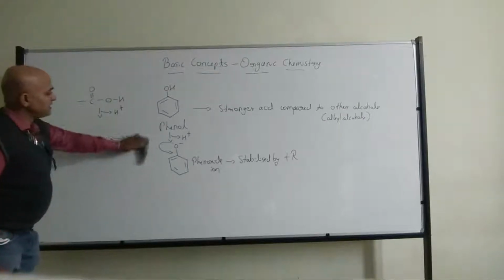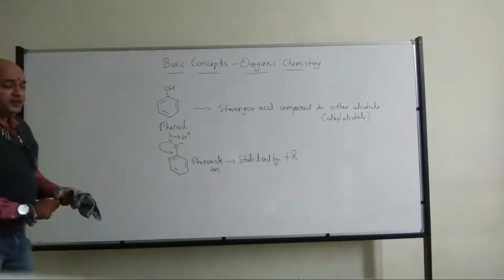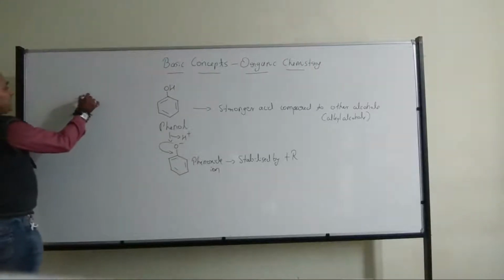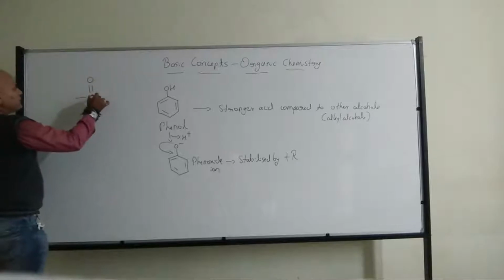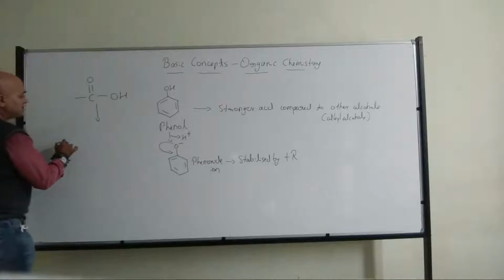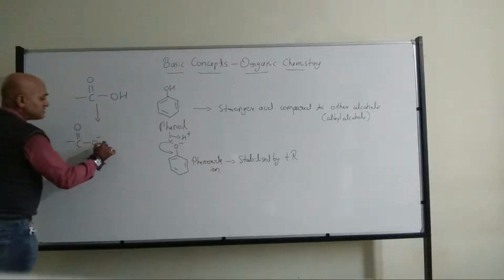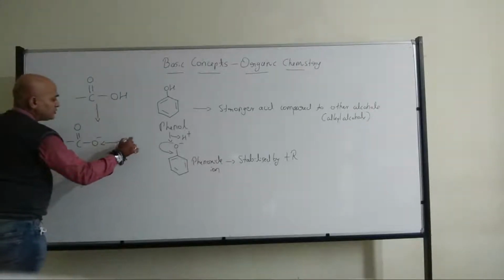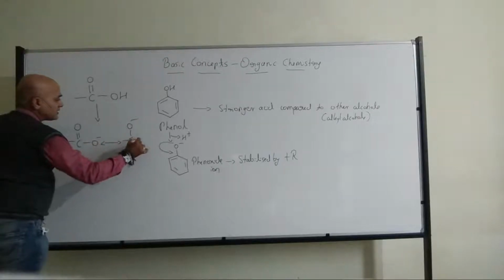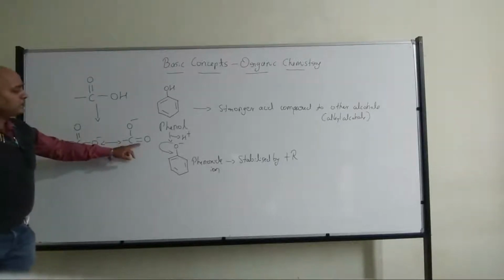Okay, so what I mean to tell here is, same as phenol and phenoxide, same way we have the carboxyl group, right? Now this carboxyl group can be easily dissociated as carboxylate. Now this carboxylate can be present in two different forms. What is happening? The double bond can be here or here.